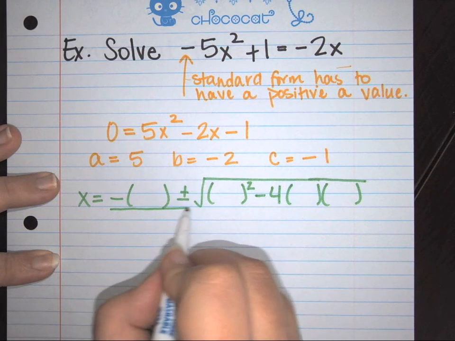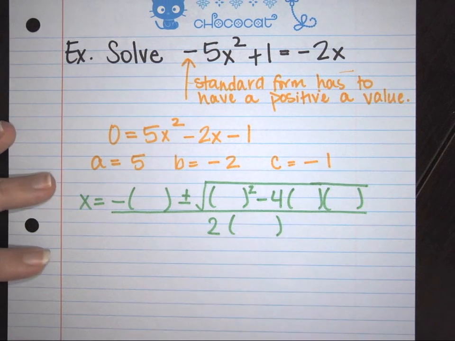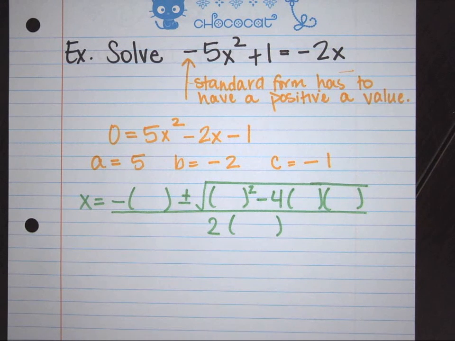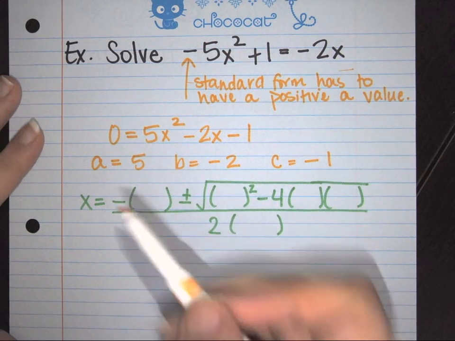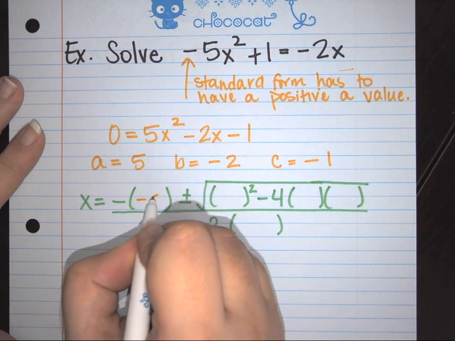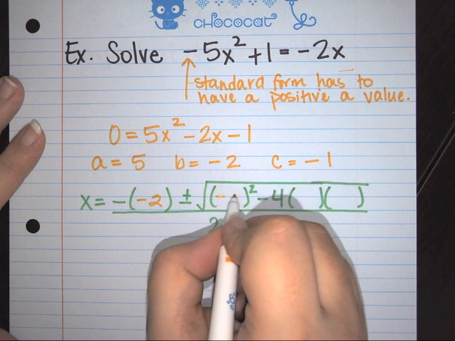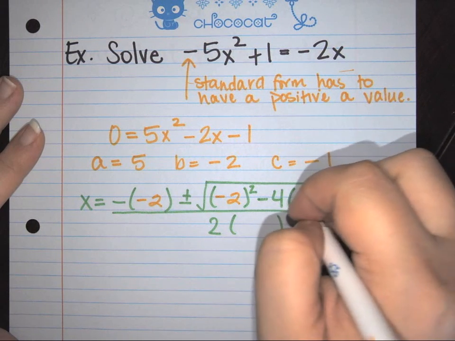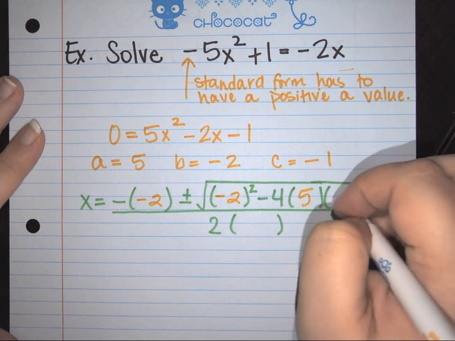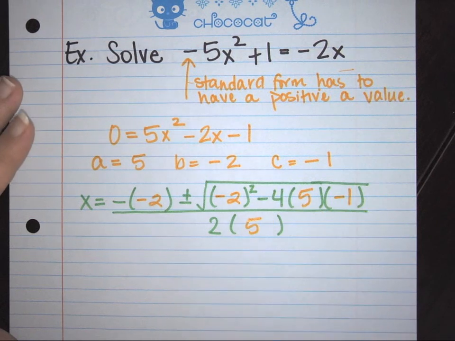And then this whole thing is over 2 times something. Okay, so that is our setup. So let's plug our values in. My b is negative 2. So I have negative of my negative 2. And then b comes here. It's b squared minus 4 times a times c all over 2 times a.